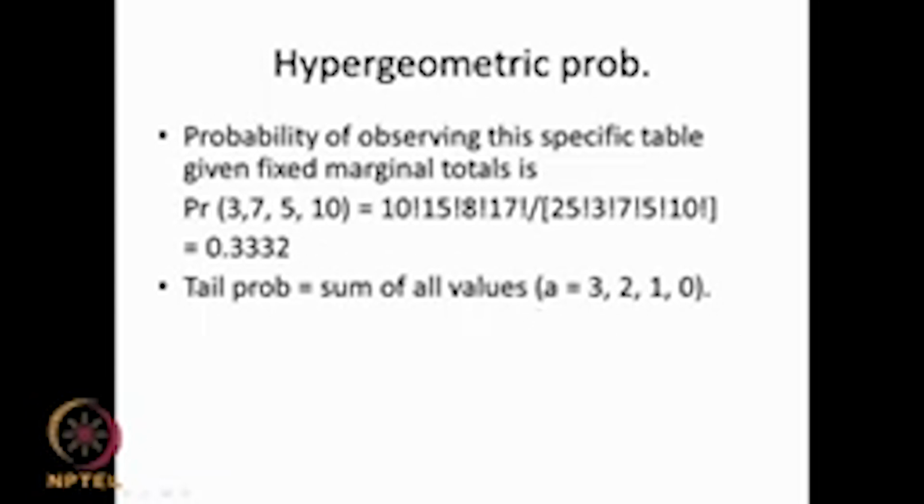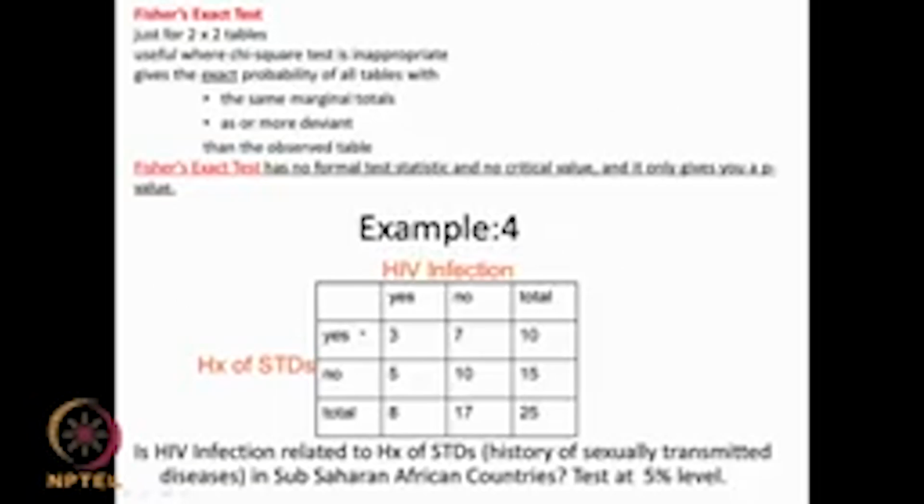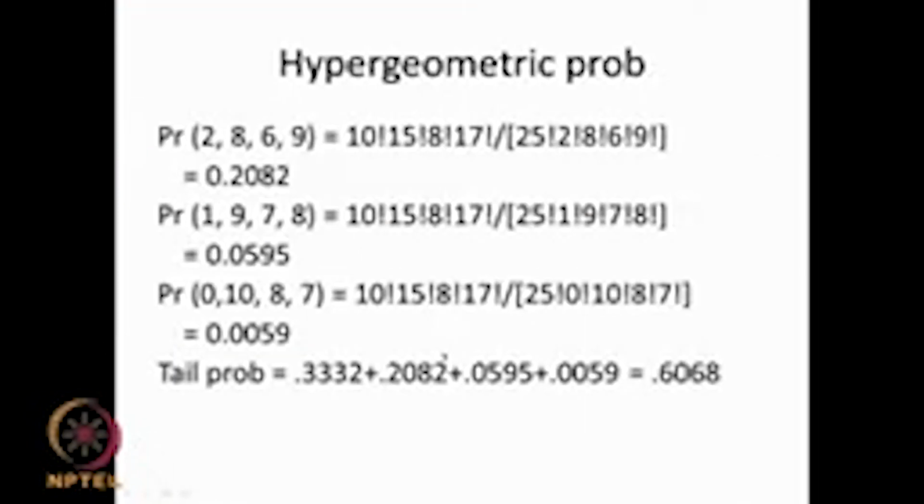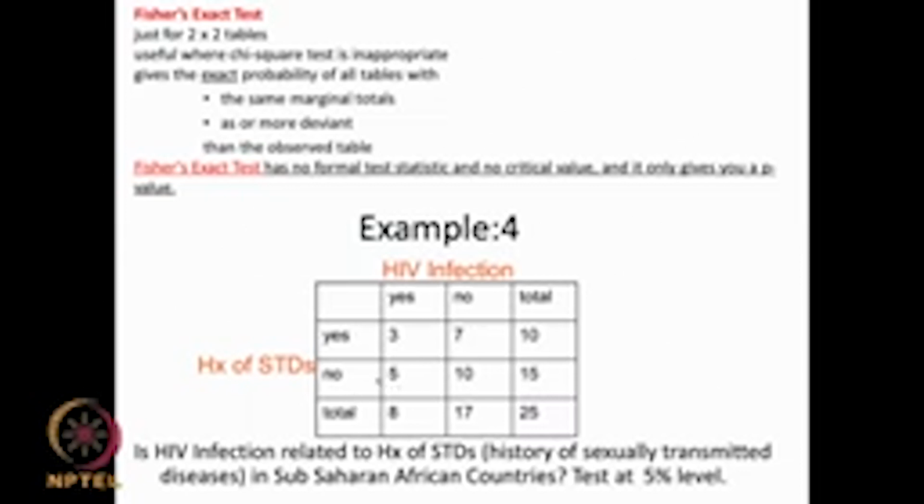So, similarly, just like 3 we can do for 2. If it is 2, this will become 8 and this will become 6, because the total you are maintaining. So, if this becomes 2 then obviously this will become 6, and if it is 2 then obviously this will become 8.